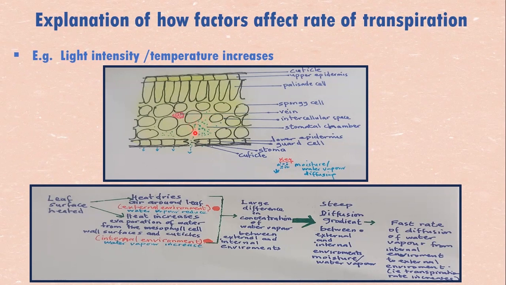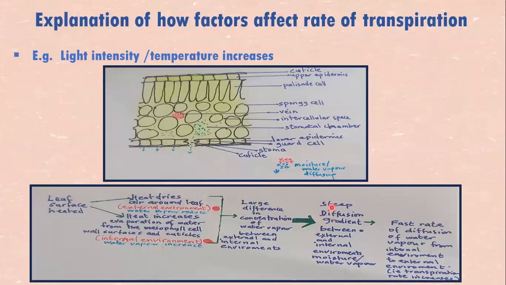And so there will be more water vapor in the intercellular spaces than outside the leaf. That is a large difference in concentration of water vapor between the internal and the external surfaces of the leaf. And this will create a steep diffusion gradient. It means water vapor will leave faster from the intercellular spaces into the external environment.